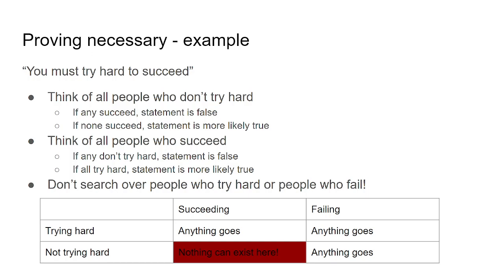So it's a bit complicated and difficult to understand, but in this specific example, what you want to look at is all the people who didn't try hard or all the people who succeeded.